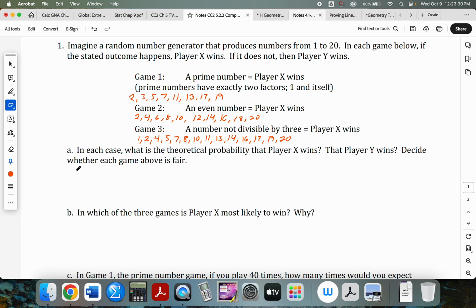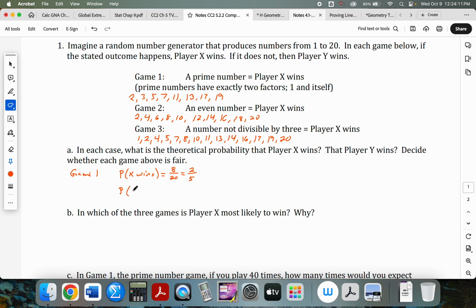So for game 1, the probability that player X wins is going to be equal to, well, how many ways can player X win? 1, 2, 3, 4, 5, 6, 7, 8. It's 8 out of 20, which we can reduce. We always want to reduce these. 2 over 5, exactly right.